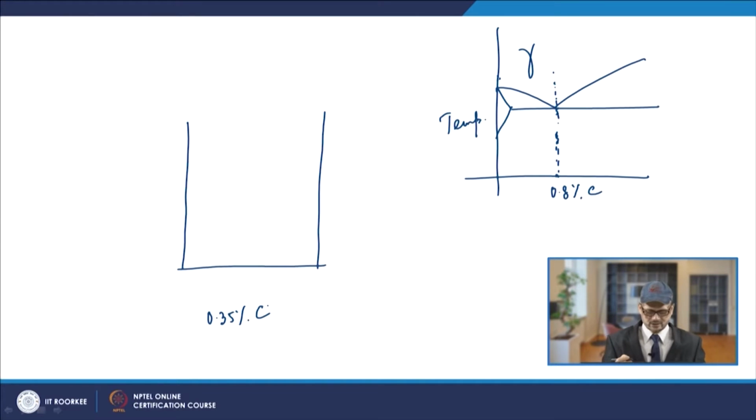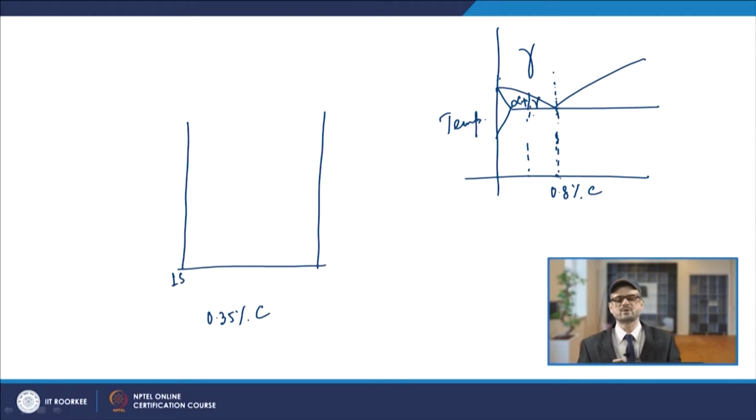Now, suppose this is the time of 1 second. For the hypoeutectoid steel in this range, the transformation will start from here, at 0.35% carbon, and this zone is basically alpha plus gamma.